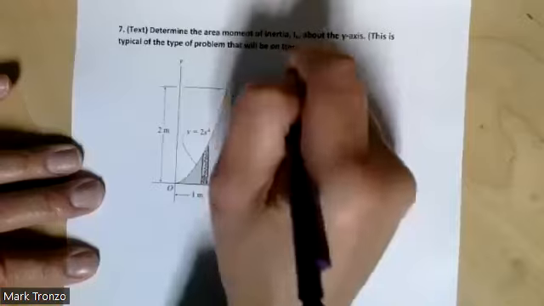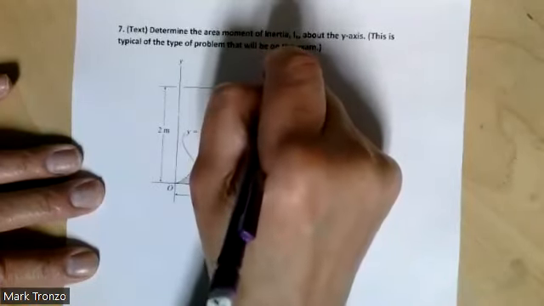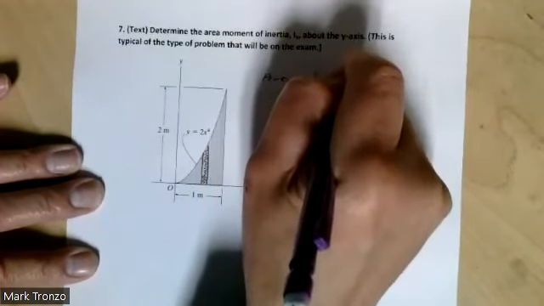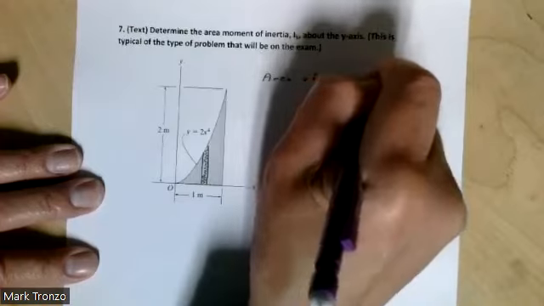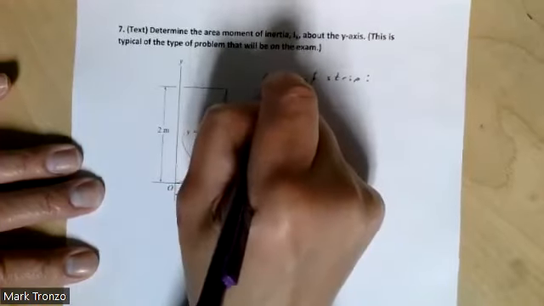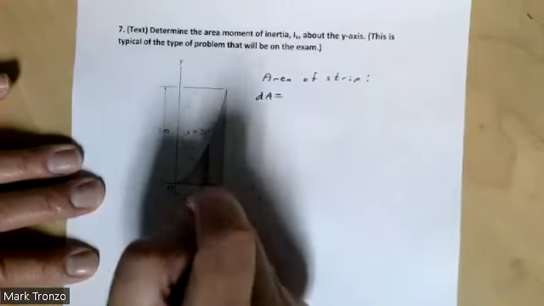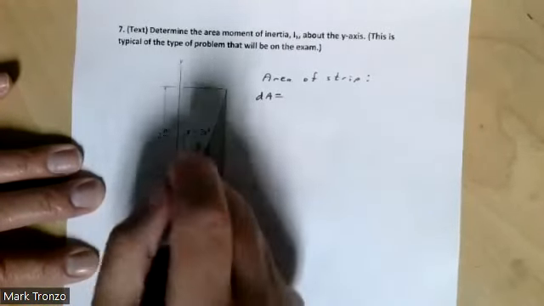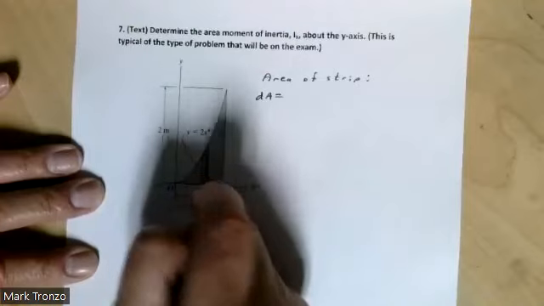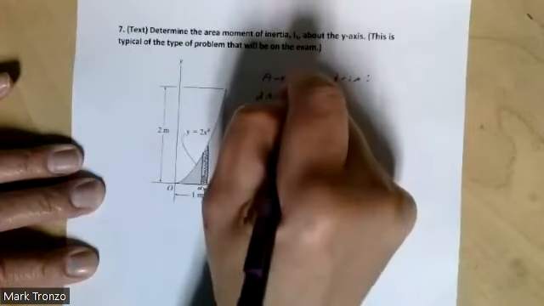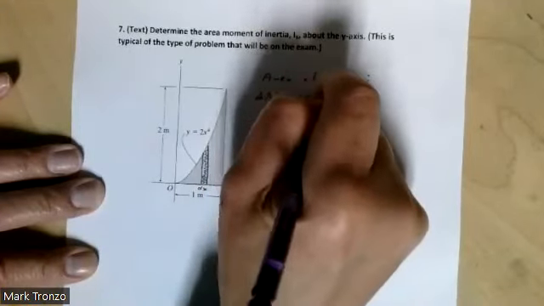And so again, we need the area of that strip. And once again, since this width is on the x-axis, this is dx. And again, we want the height, which is y, times the width, which is dx.